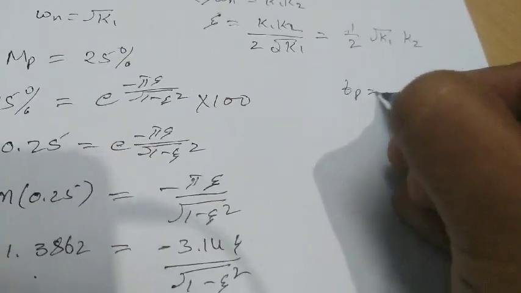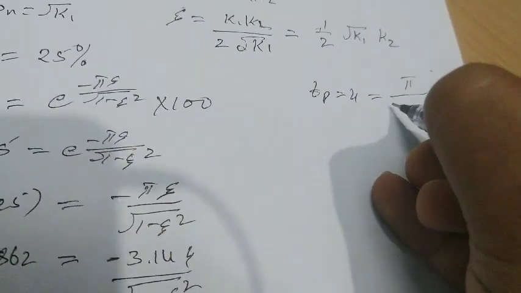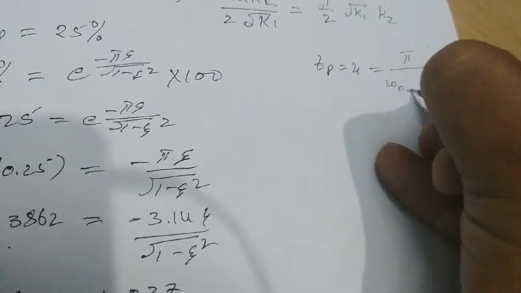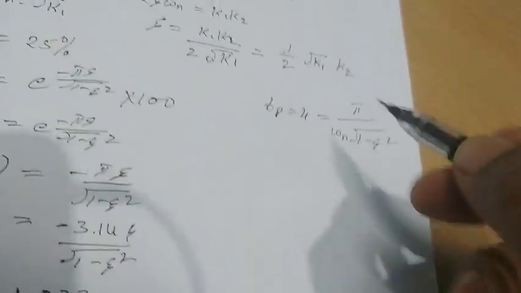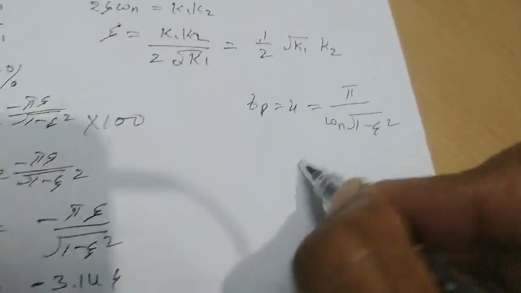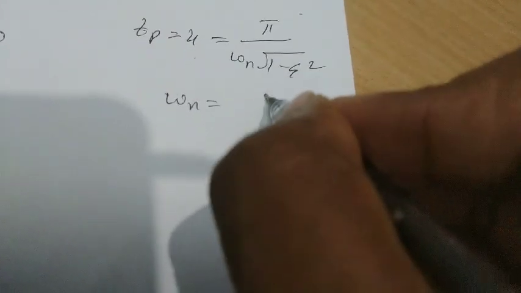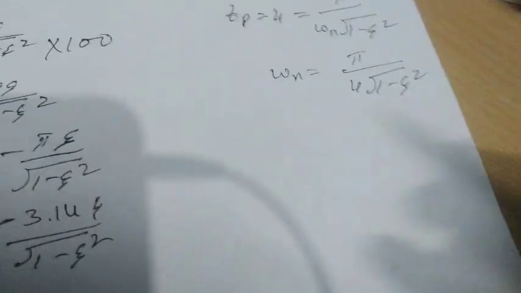Next they gave us TP. Peak time is 4. So TP is given by pi by omega n under root 1 minus zeta square. So from this, you know the TP is 4 seconds. So I have to find out omega n. So omega n is given by pi by 4 into under root 1 minus zeta square.